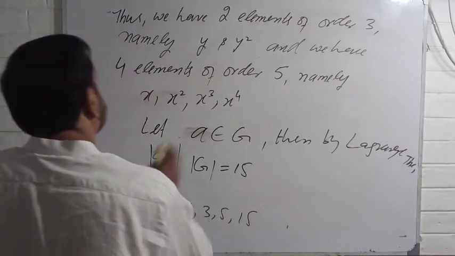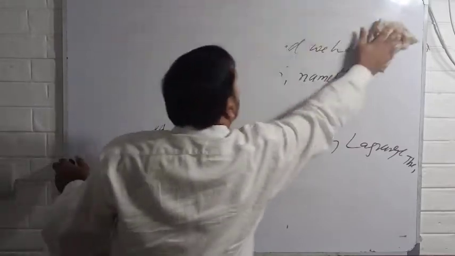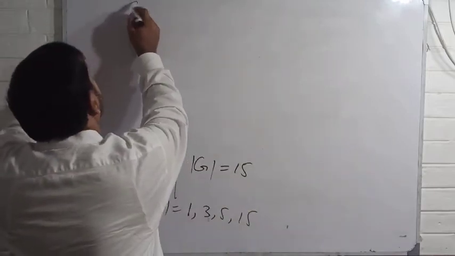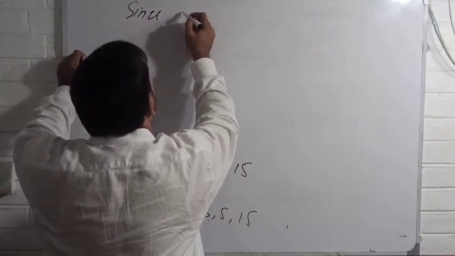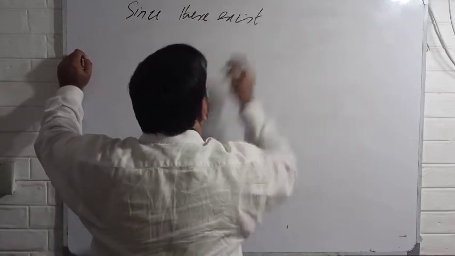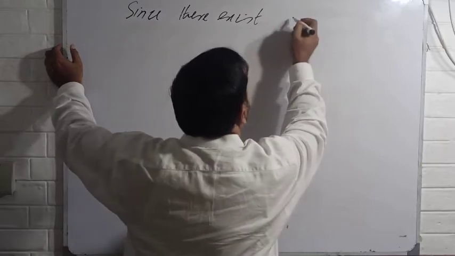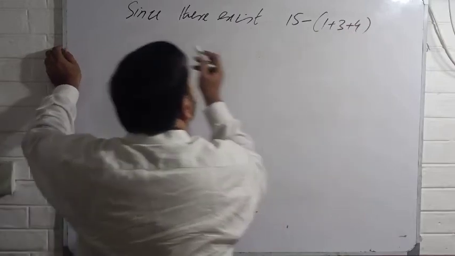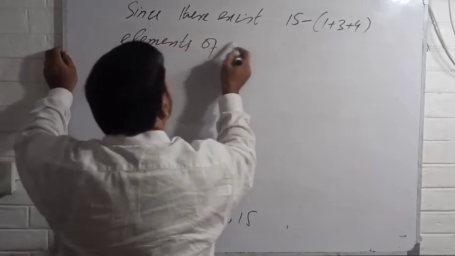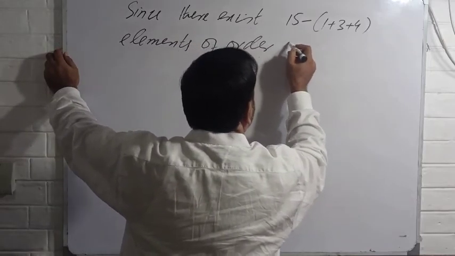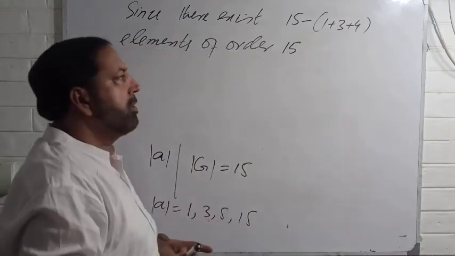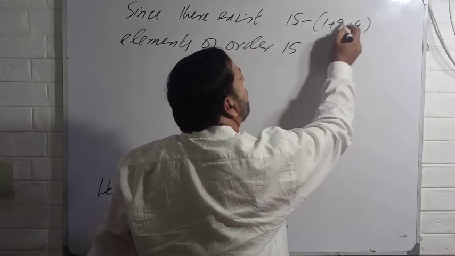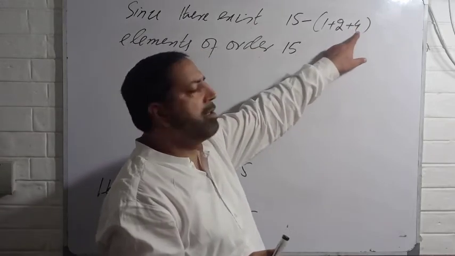Since there exist (15 minus (1 plus 2 plus 4)) elements of order 15. Here 1 stands for the identity element, there are 2 elements of order 3, and there are 4 elements of order 5.